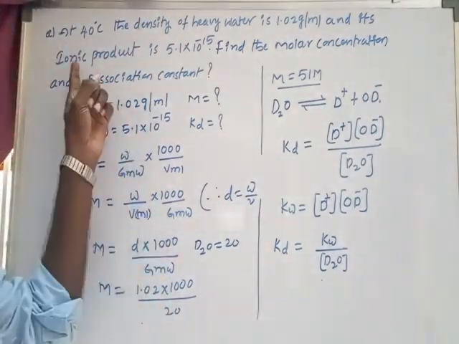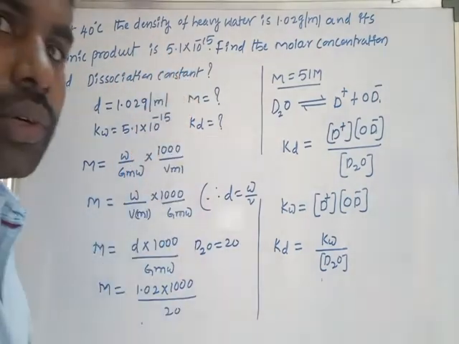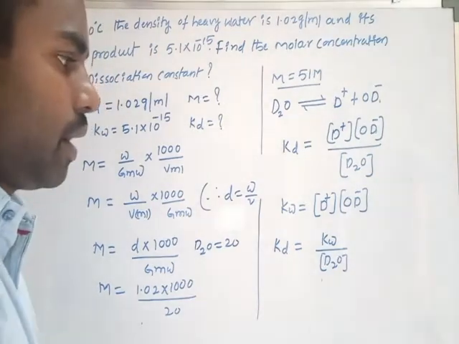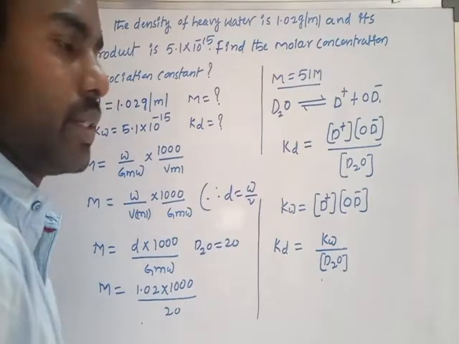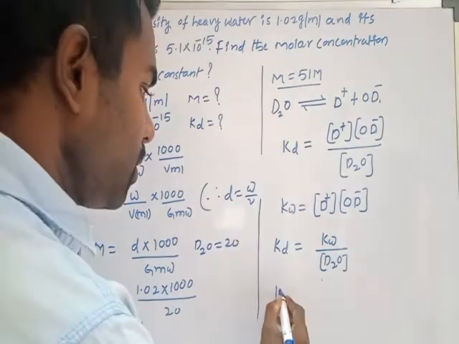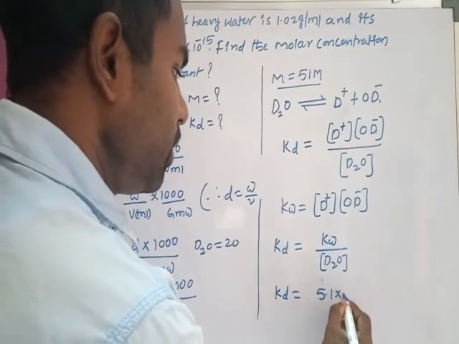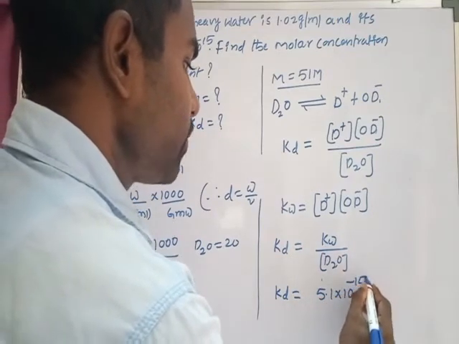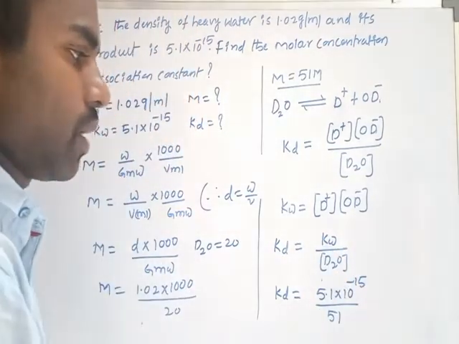Now the ionic product of heavy water they have given in the question: 5.1 into 10 to the power of minus 15. Next, the concentration of heavy water, we already got this as 51. Kd equal to 5.1 into 10 to the power of minus 15 by the concentration of heavy water, which is 51.